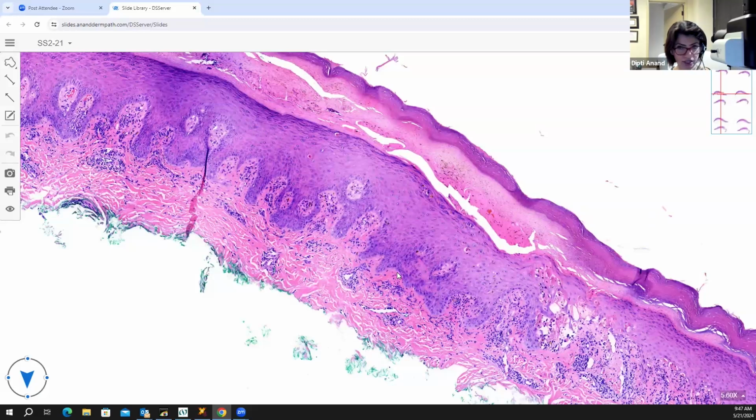So this is not chronic, because we don't see effacement of the rete ridges, we don't see basement membrane thickening. Exactly. So this is an acute process. So acute interface, what are the 4 things that you think about? I'm going to think fixed drug, PLC or pityriasis lichenoides, EM, graft versus host.